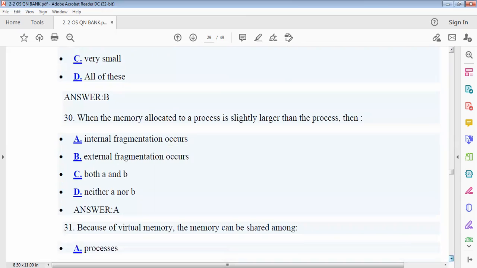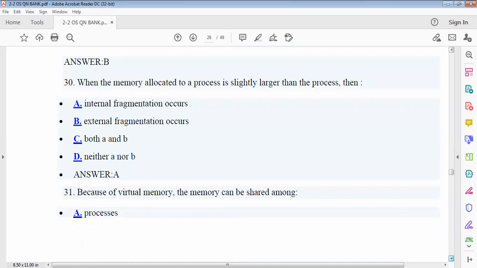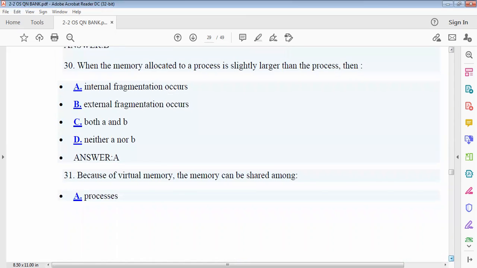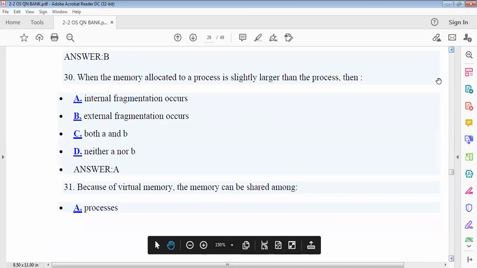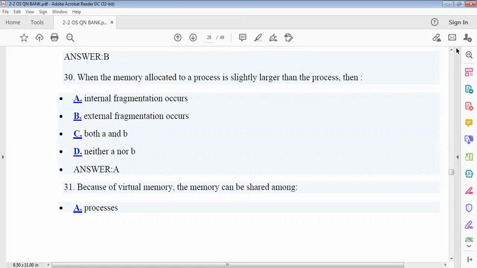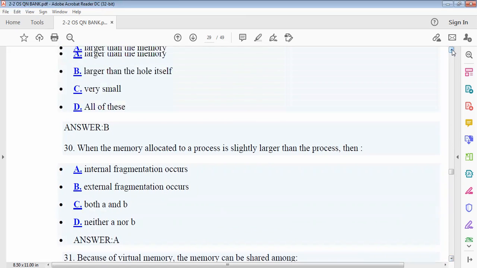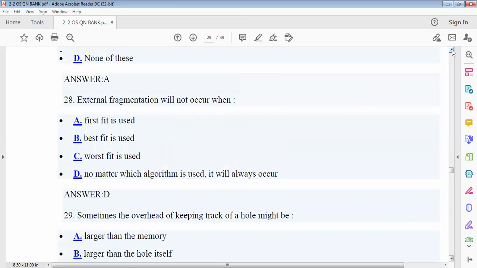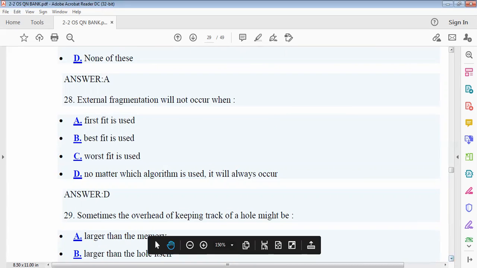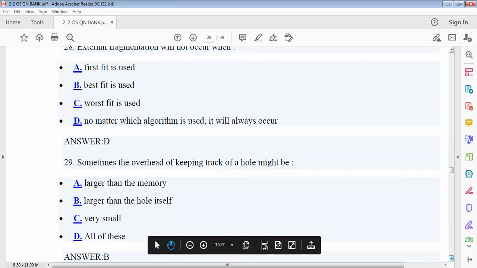When the memory allocated to a process is slightly larger than the process, then internal fragmentation occurs. Next question.